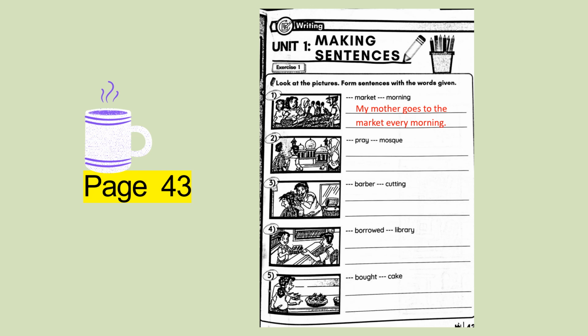Subject. Verb. 祈祷 pray 没有 s 的，对吗？在哪里祈祷？In the mosque. So maybe if you want to talk about 每个星期五，对吗？他们每个星期五都去 mosque 祈祷。So every Friday. So subject 阿里跟他爸爸, verb 祈祷, 在哪里？In the mosque. 几时？每个星期五。Okay, full stop. Done.